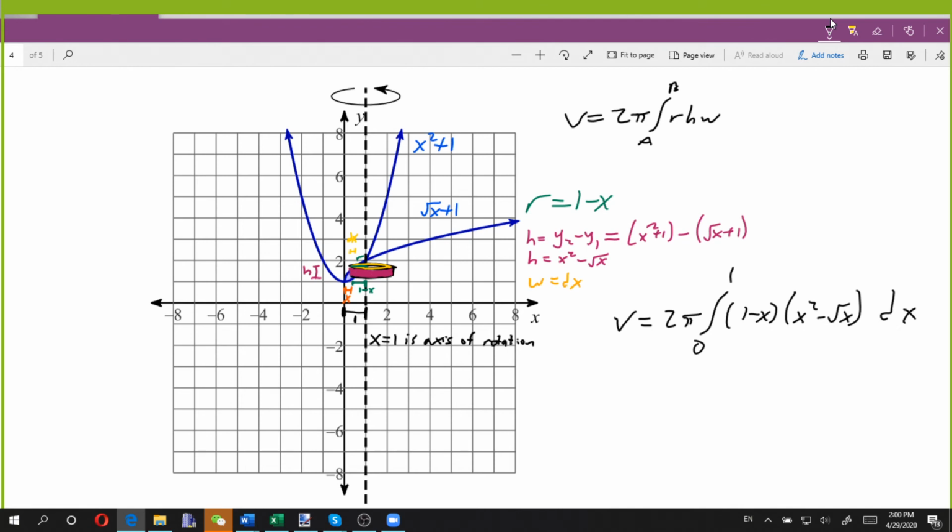Kyle, what happens when I multiply this out? X cubed. Oh well, is square root. Okay, so I've got x squared by 1 is x squared. X squared by your negative x is your negative x cubed you just gave me. This square root of x is the same thing as x to the 1/2 power, if that helps.